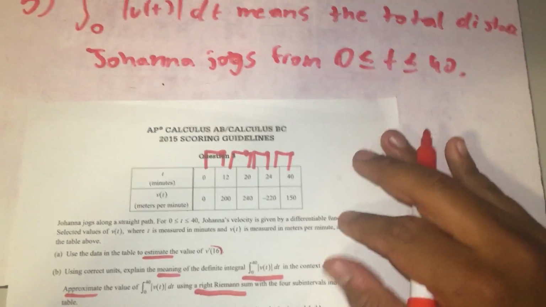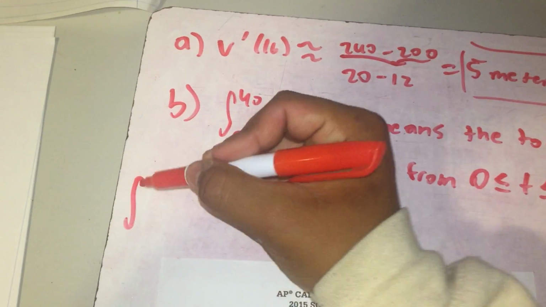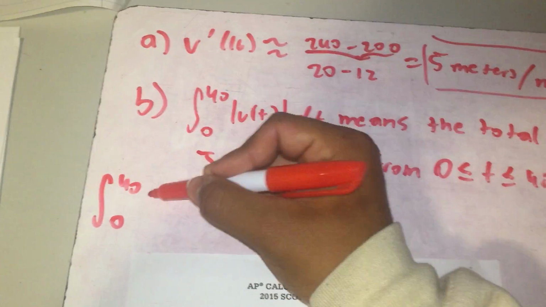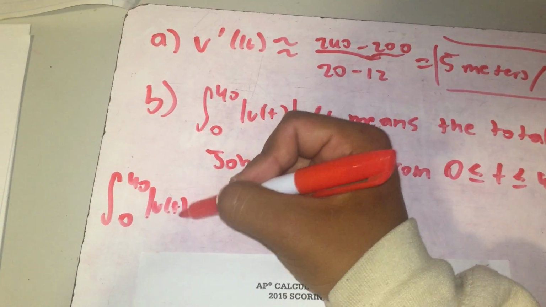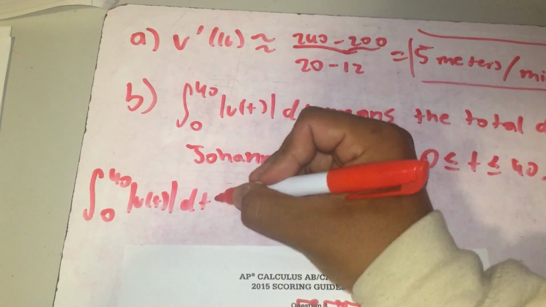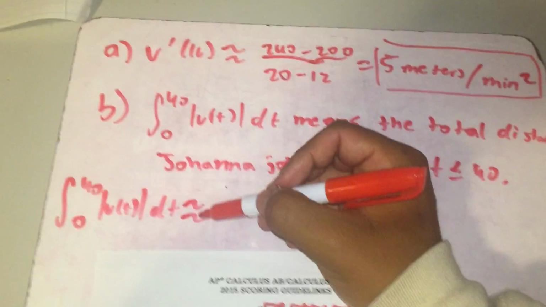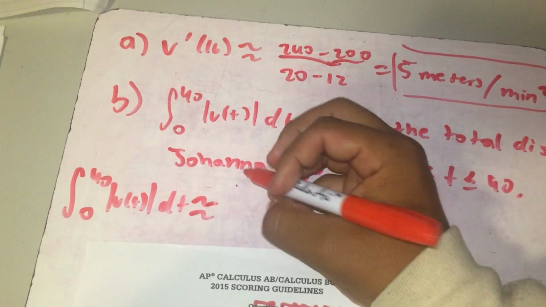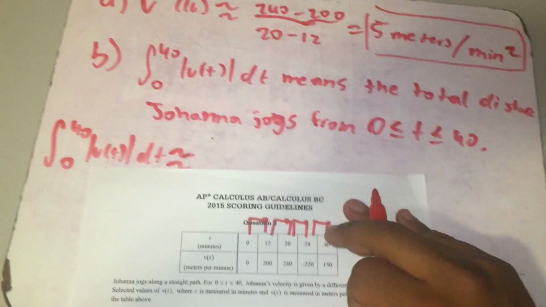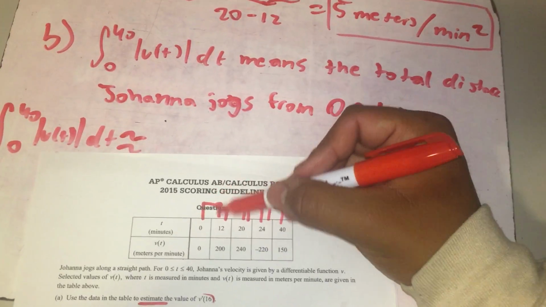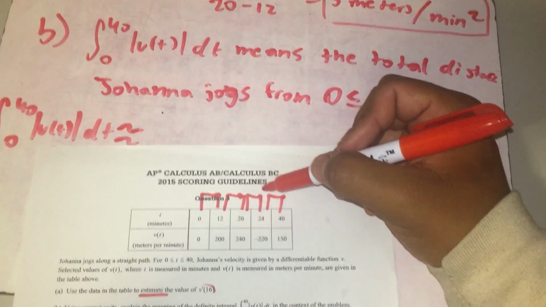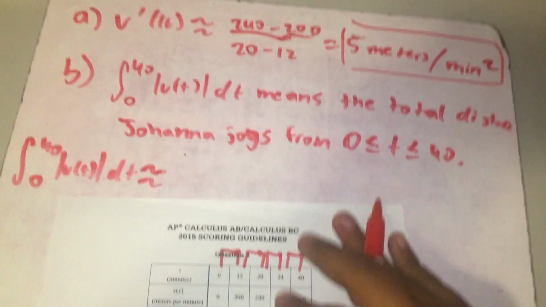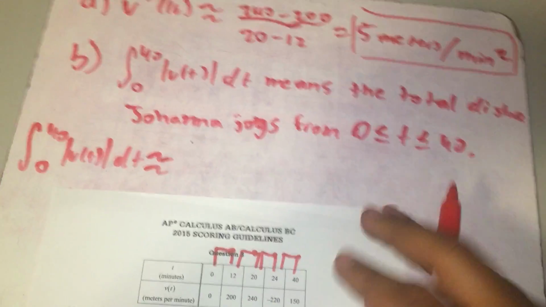Alright, now we have to give the approximation. We have to solve this. This is very important that you put this symbol to indicate that it's an approximation. So I've already drawn a demonstration of the rectangles, so it'll be easier to guide me through this problem.